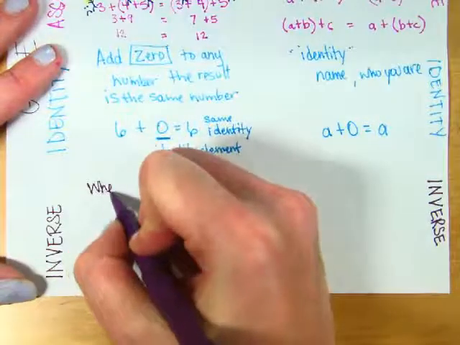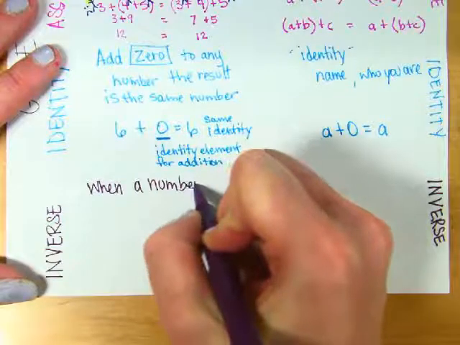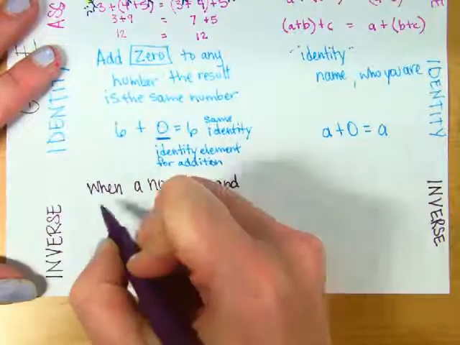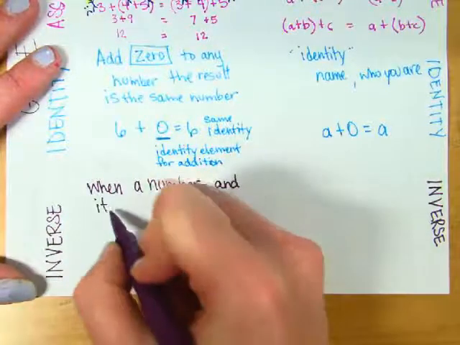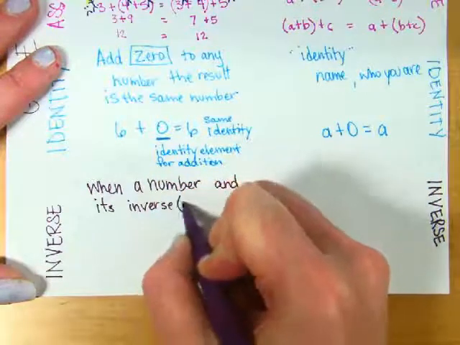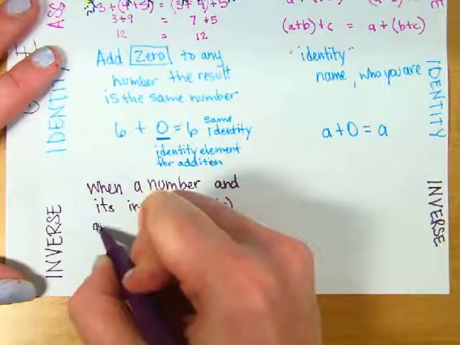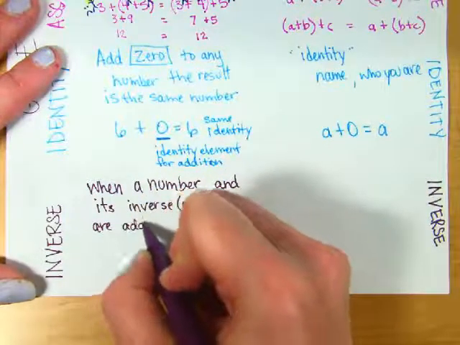This is when a number and its inverse, it may also be called its opposite, are added together.